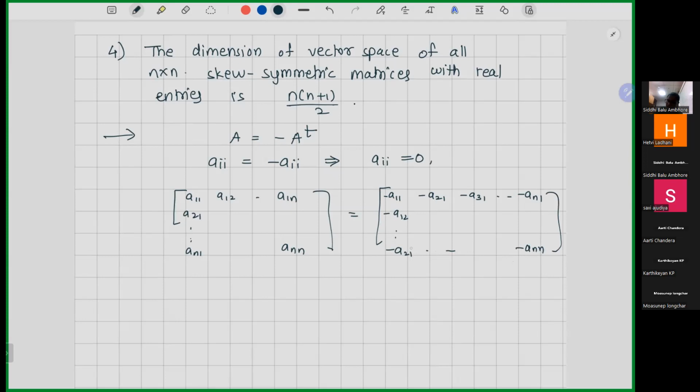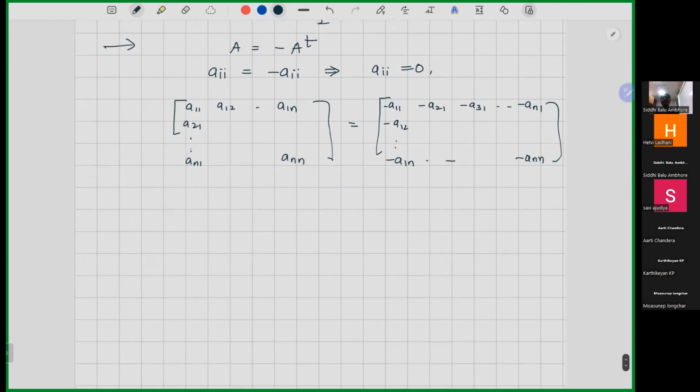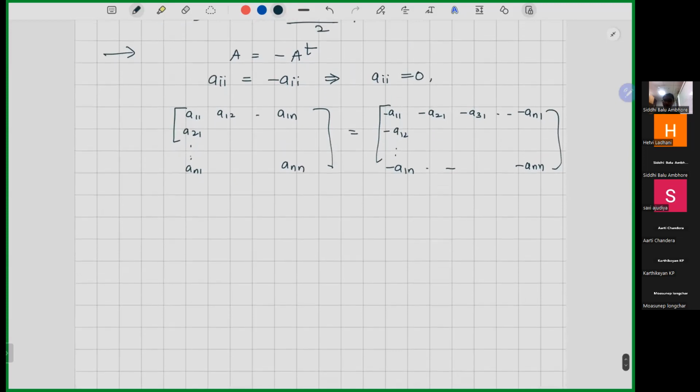Any doubt here? The diagonal is becoming 0 in this case. And what about the rest of the elements? Once I fix A12 here, it has to be equal to minus of A21. And similarly here. So once I have Aij, then Aji is fixed and it has to be minus of it.